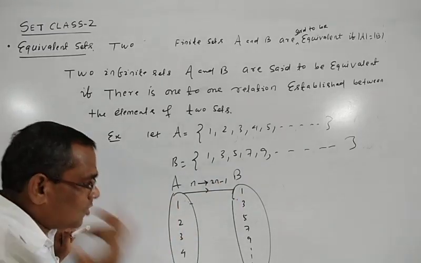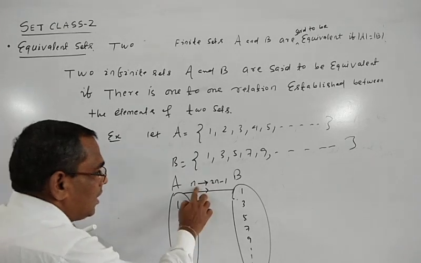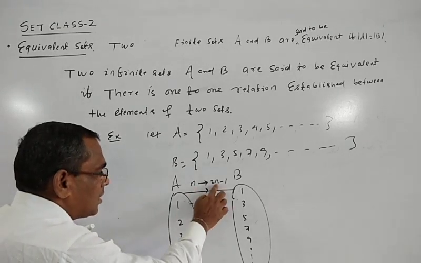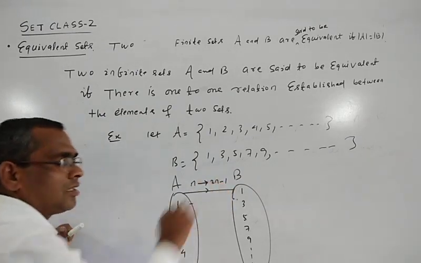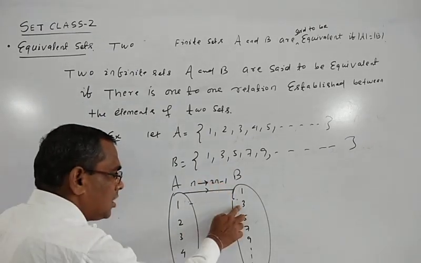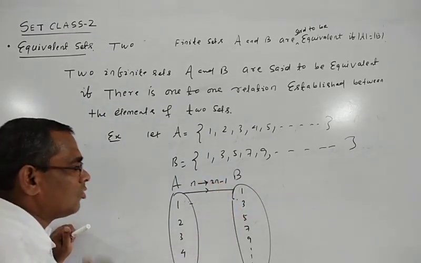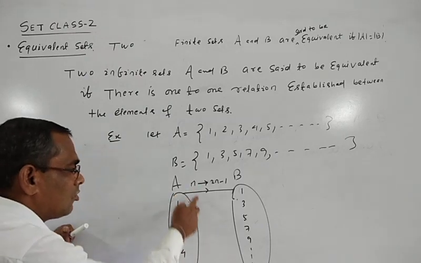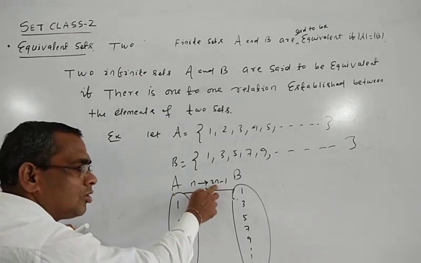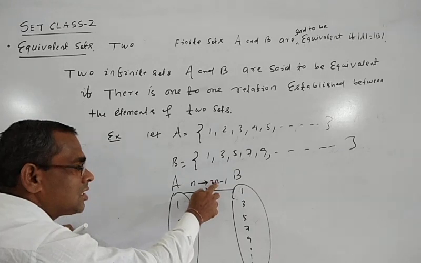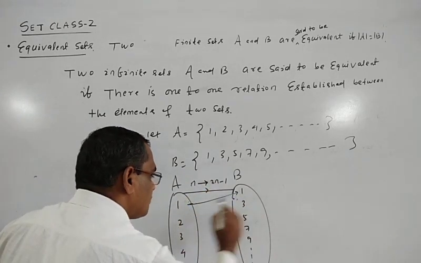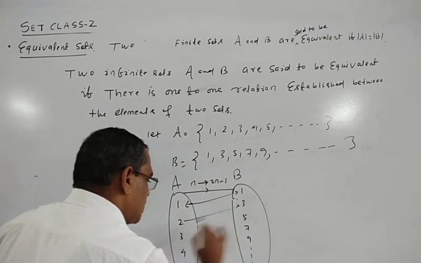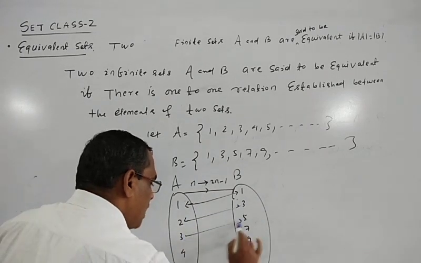If we put n is equal to 2, then 2 into 2 is 4, minus 1 is 3. So 2 goes to 3. If we put n is equal to 3, it will be 2 into 3, 6, minus 1, 5. So 1 goes to 1, 2 goes to 3, 3 goes to 5.